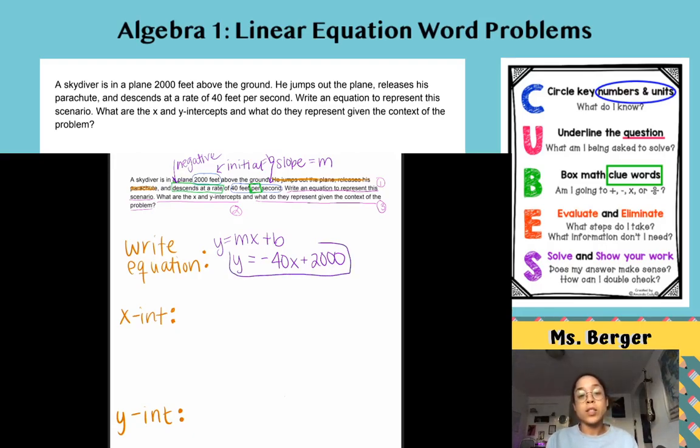So then, to solve for our x-intercept, now that we have our equation, we're going to have to set y equal to 0 and then find out what x is. So I subtract 2,000 from both sides because I'm trying to get x by itself.